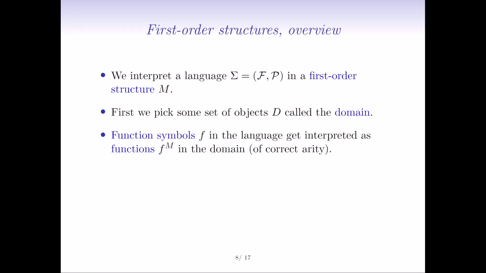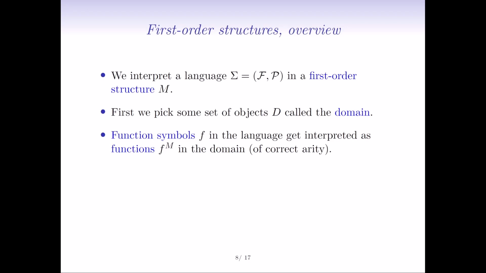So if I've picked the domain to be natural numbers, then f^M should be a function on the natural numbers, and if the domain is the set of students in the class, then f^M should be some function on students in some sense.